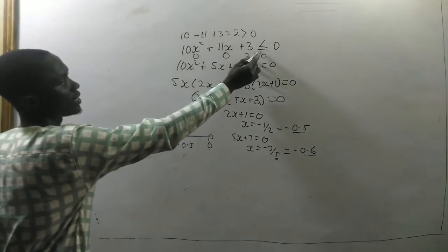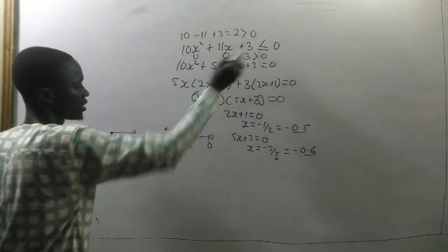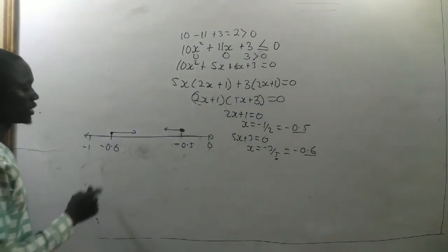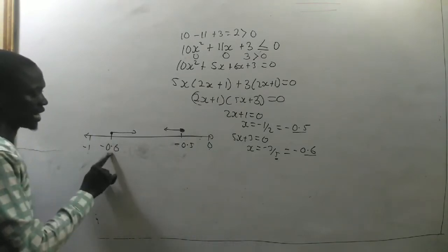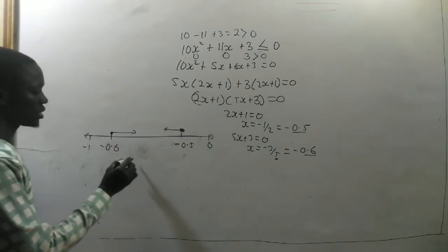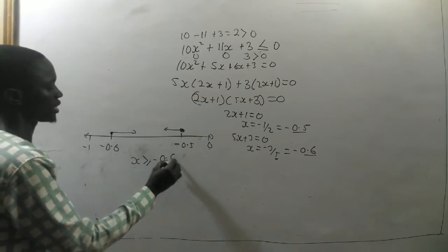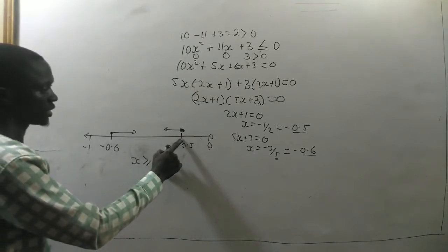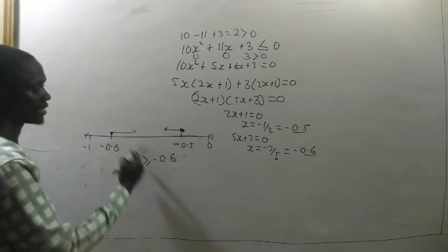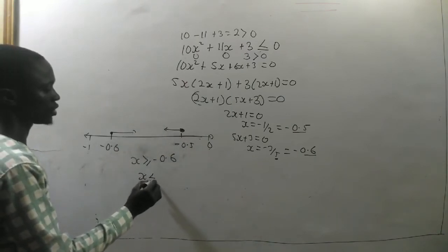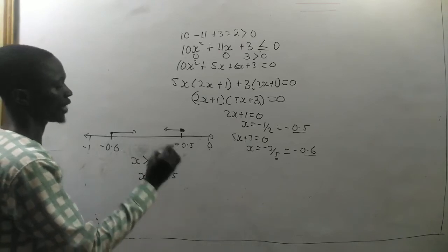Because of the equal to sign that I have here. So the solution to the inequality is that all numbers here are greater than this. So I'll take x greater than or equal to minus 0.6. And if I stand on this, all numbers here are less. So I'll take x less than or equal to minus 0.5.